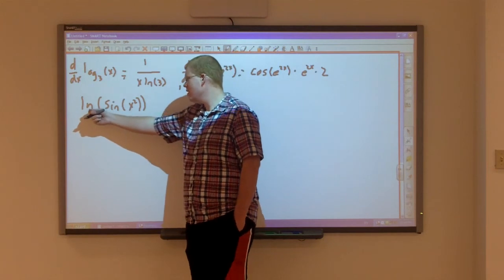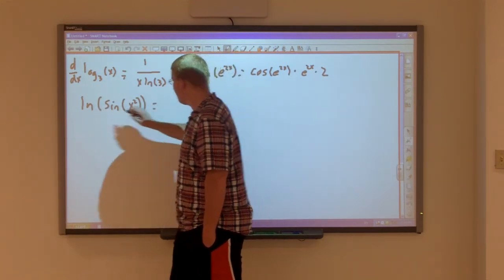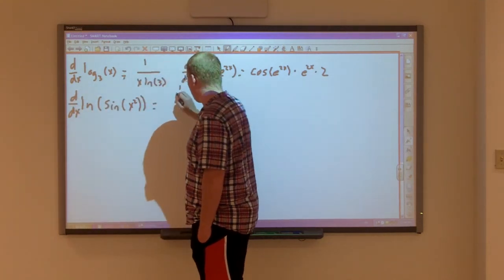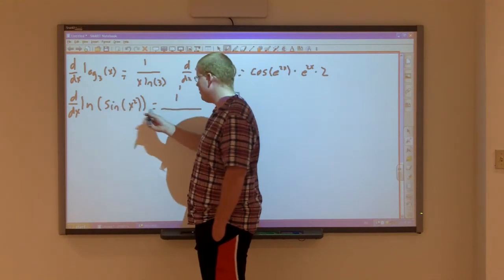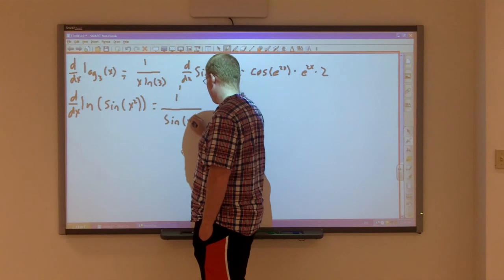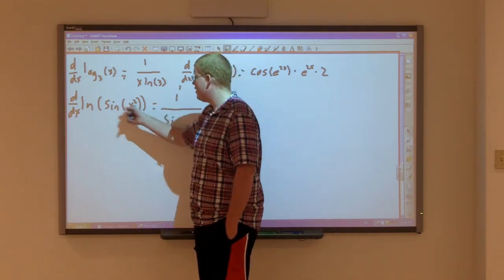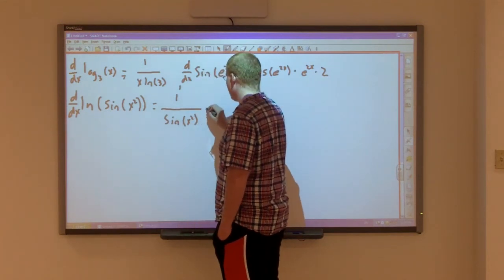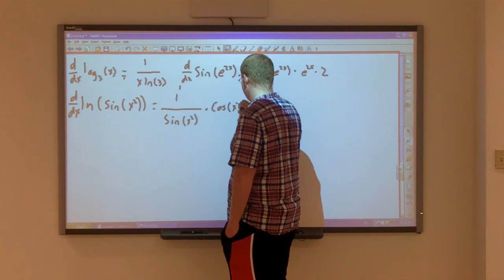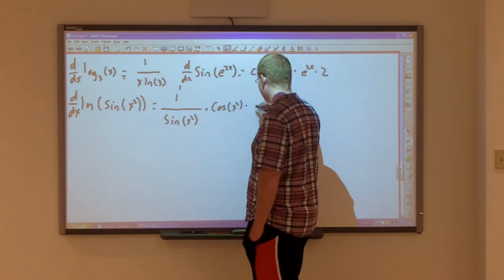When we have a log, we do 1 over the inside times the derivative of the inside. The derivative of the inside, sine of x squared, is cosine x squared times the derivative of the inside of this function, which is 2x.